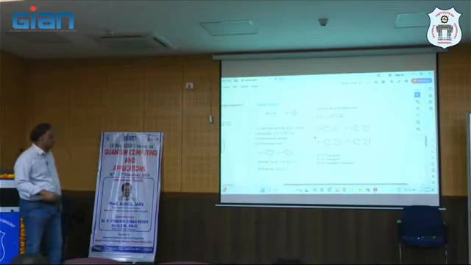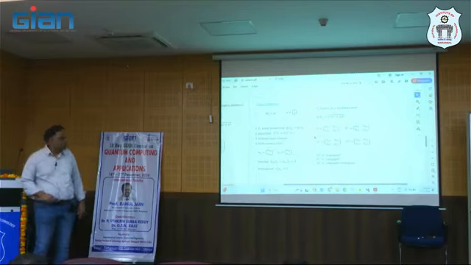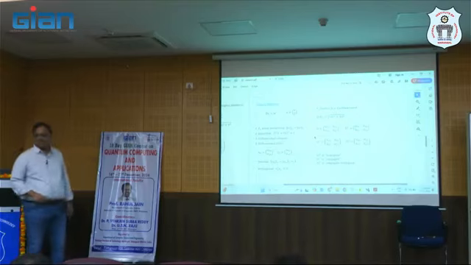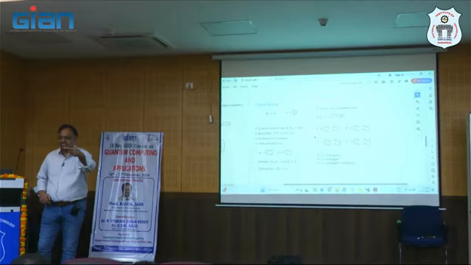Transpose is you have U00, and this U10 goes here. So the first column becomes the first row, the second column becomes the second row. You see this? Transpose. Columns become rows.